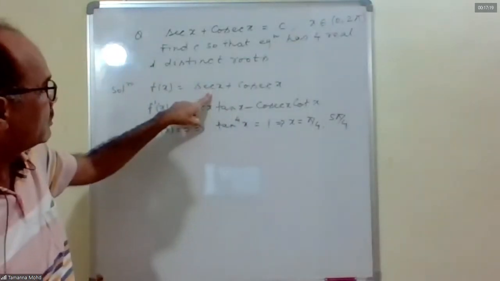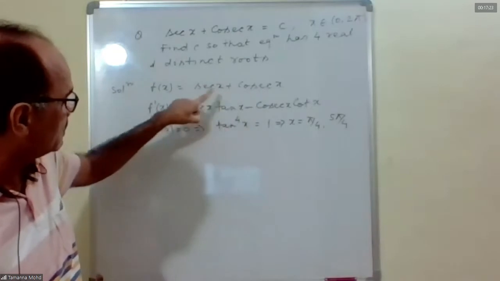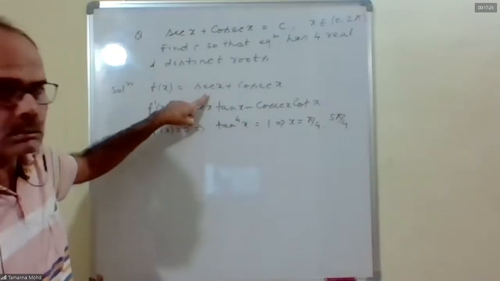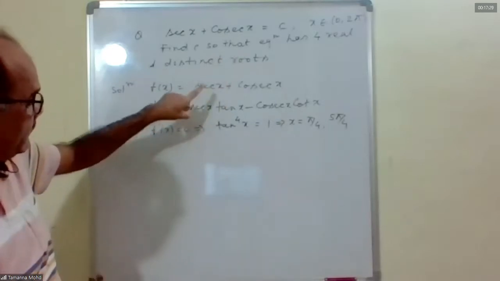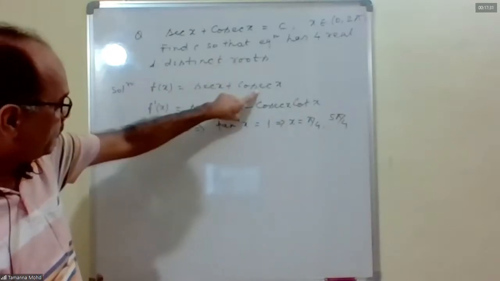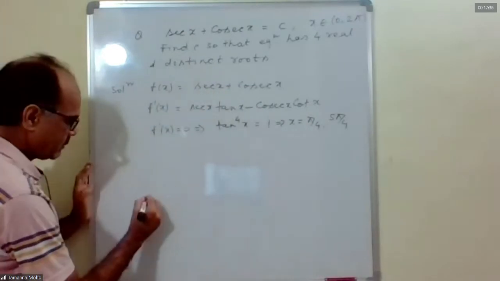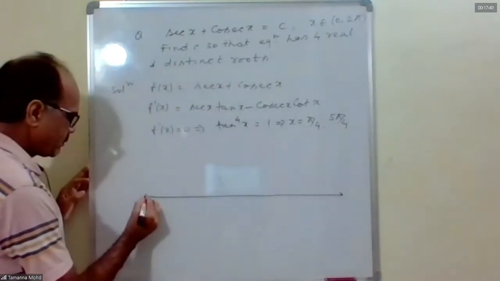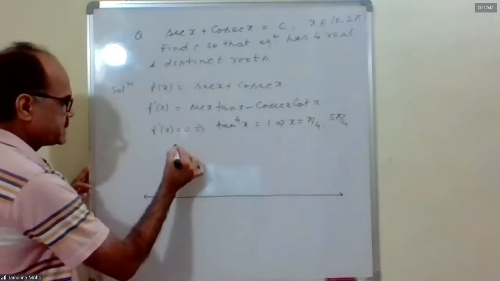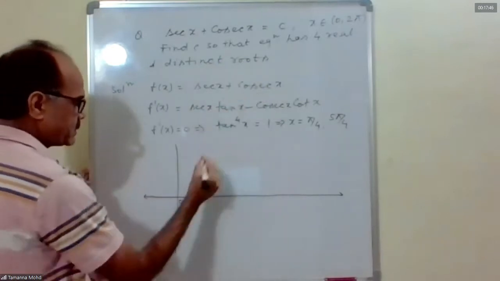Now, what are the points of discontinuity in this interval? Pi by 2, pi, 3 pi by 2. Here it is 0. 0 is also a point of discontinuity.